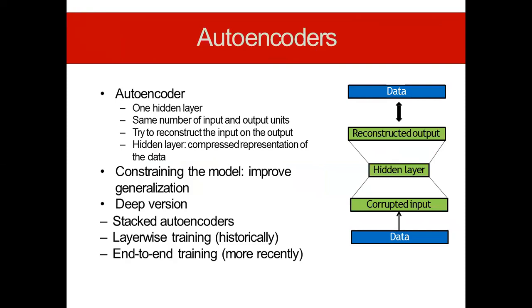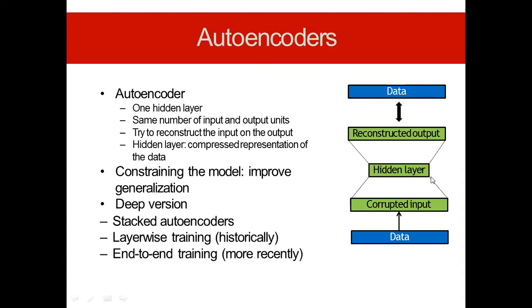The goal is to reconstruct the input data as much as possible. Once we have learned this neural network, we can use the hidden layer as a representation or latent factor for our input data. This is a so-called autoencoder.